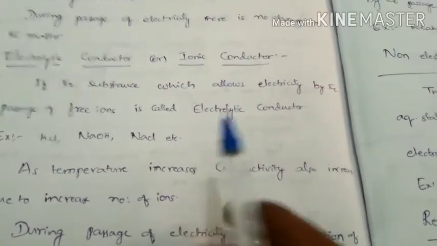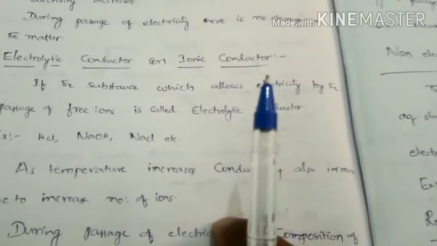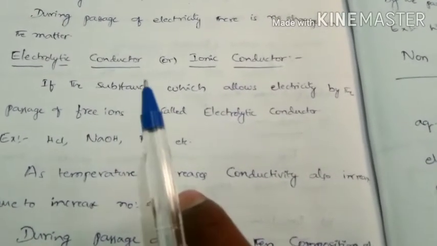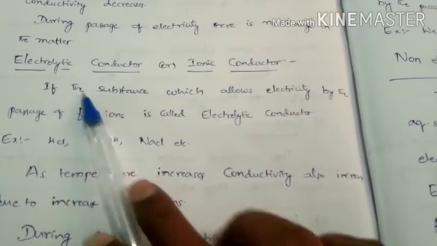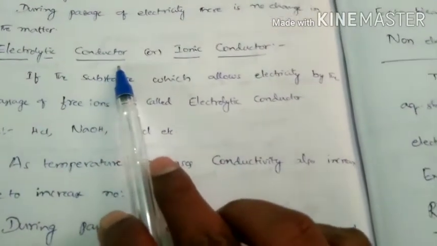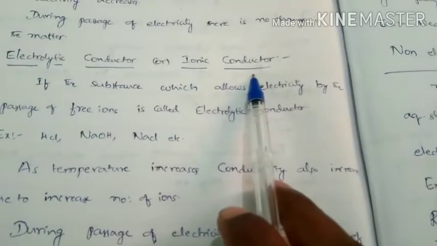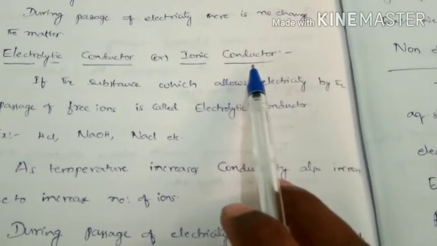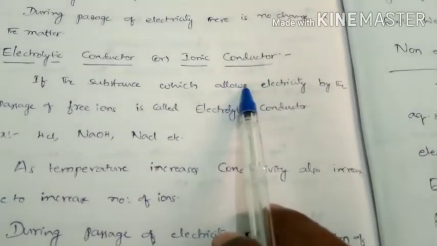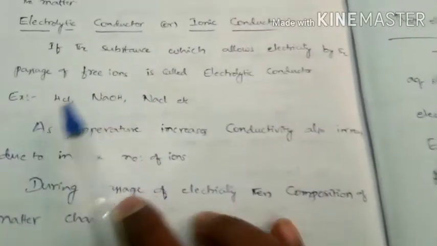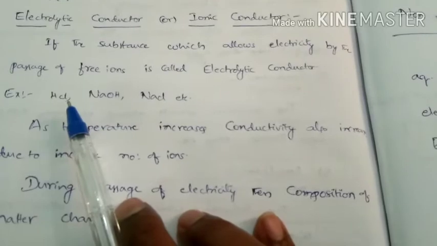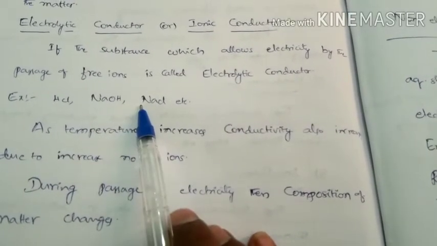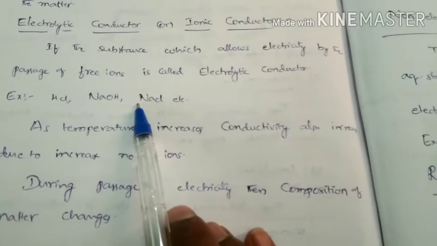That means if a substance has free ions, when electricity is passed through that substance, automatically that substance exhibits electricity. That is why those substances are called electrolytic conductors. That is also called ionic conductor. Why is it called ionic conductor? Because that conductivity is exhibited by ions. Next, here the examples are hydrogen chloride, HCl, NaOH, NaCl. All these contain ions, so they exhibit conductivity.